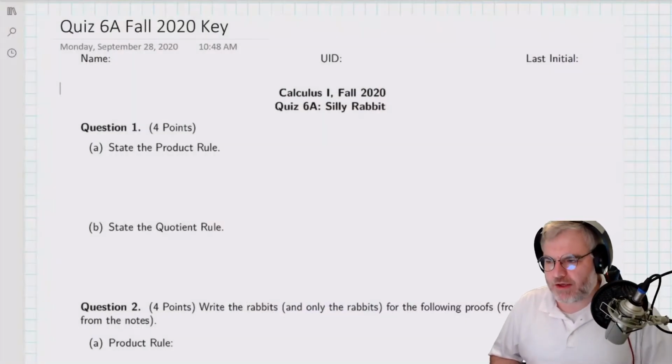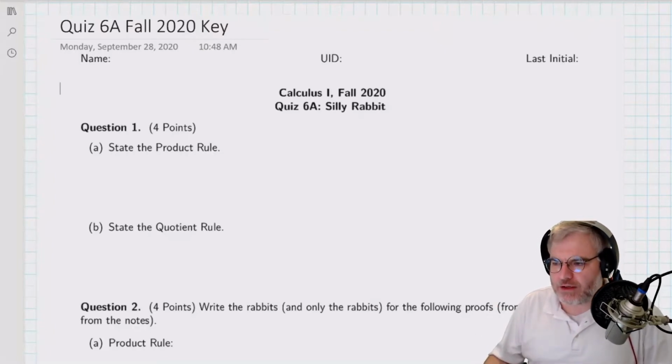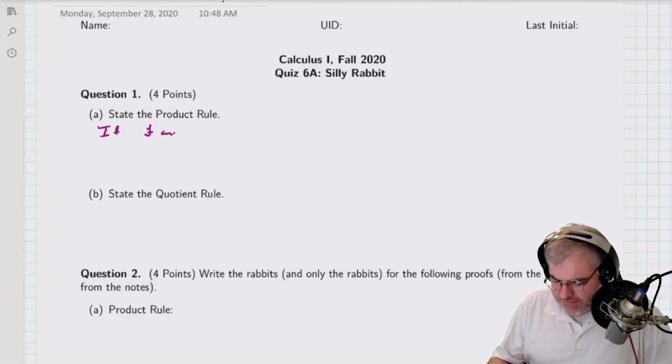Okay, so state the product rule. So do you have to state all of the things? Let's just state it to begin with.